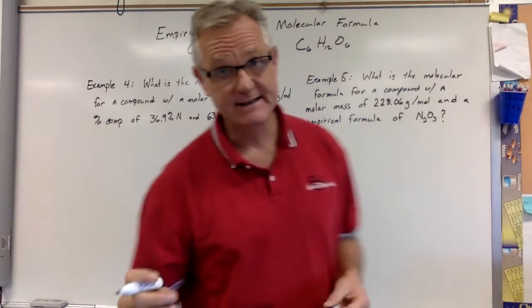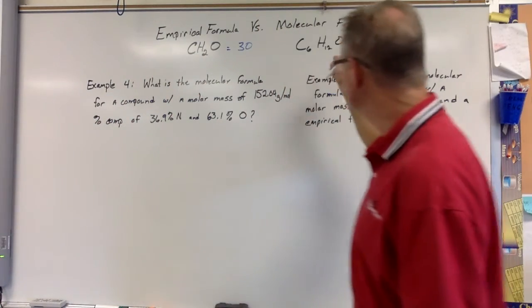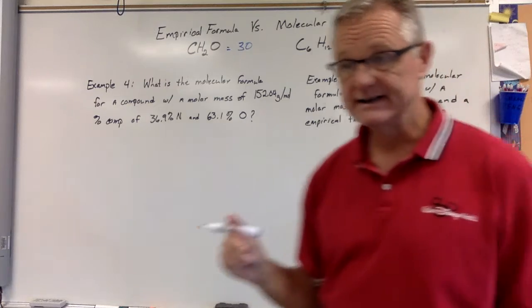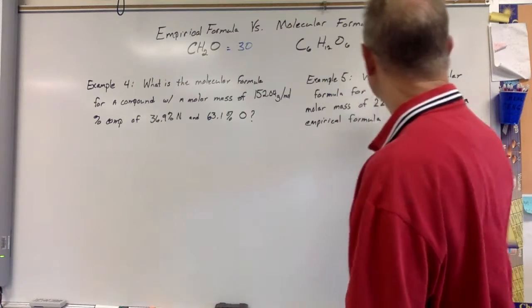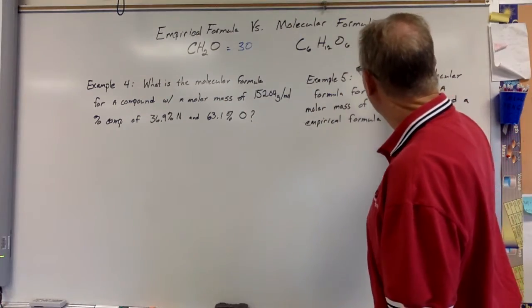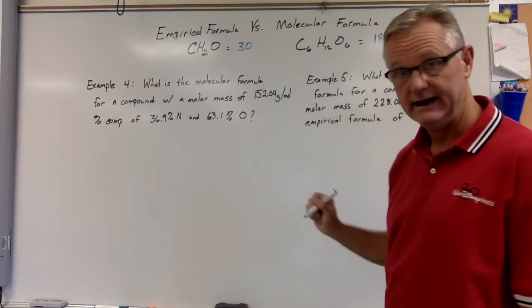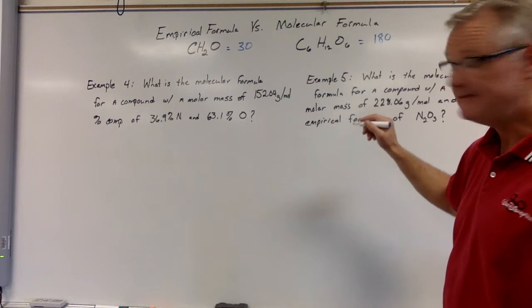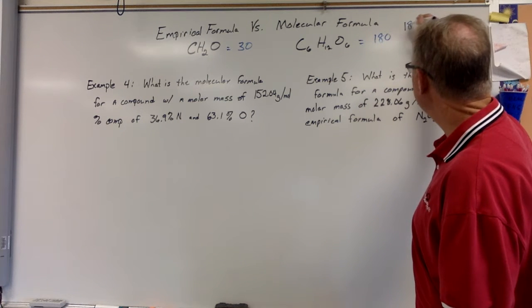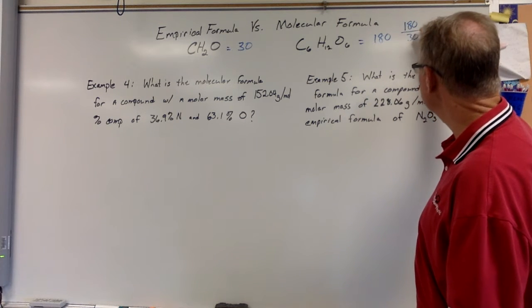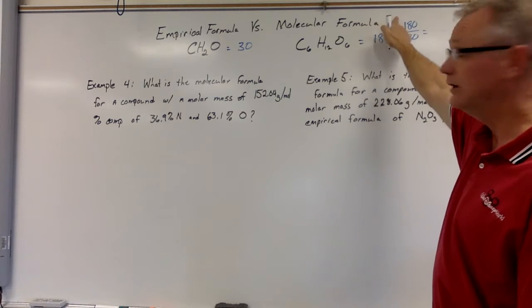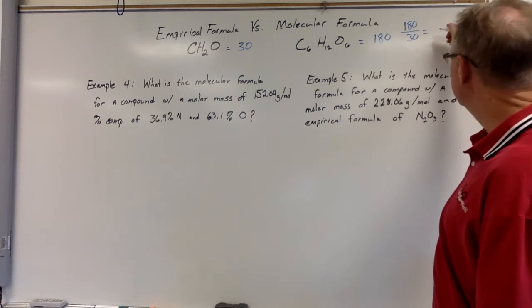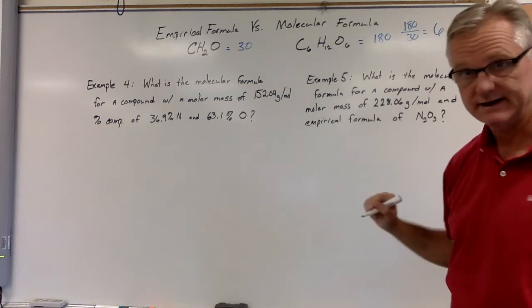And then if I said 6 carbons, 12 hydrogens, and 6 oxygens has a molar mass of 180, you say, well, what does that mean? Well, if I compare these two and divide them out, 180 divided by 30, that's the molecular mass over the empirical mass, then I'm going to get 6.